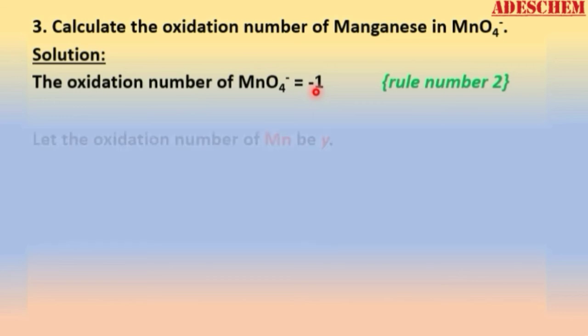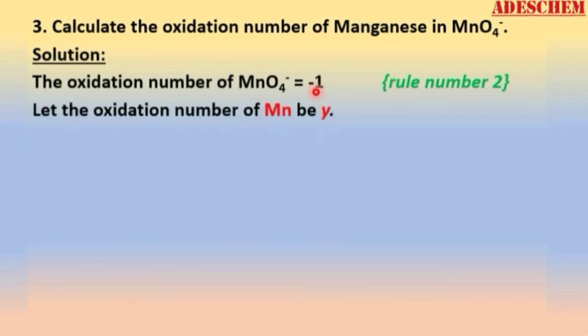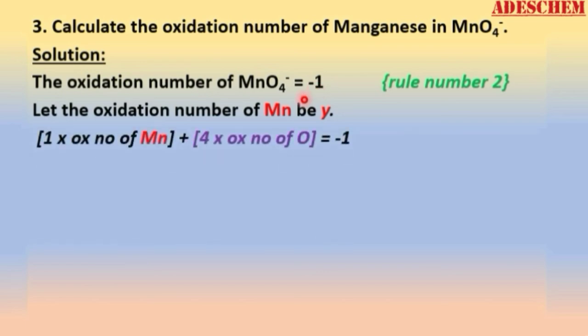Now let's begin by saying the oxidation number of manganese be any letter we choose. In this case, let's choose Y. Now this is going to be equal to 1, number of manganese atom, times the oxidation number of manganese, plus 4 times the number of oxygen atom times the oxidation number of oxygen. Everything equals to minus 1. Now when we substitute, we are going to have 1 times Y plus 4 times minus 2, which is the oxidation number of oxygen, everything equals to minus 1.